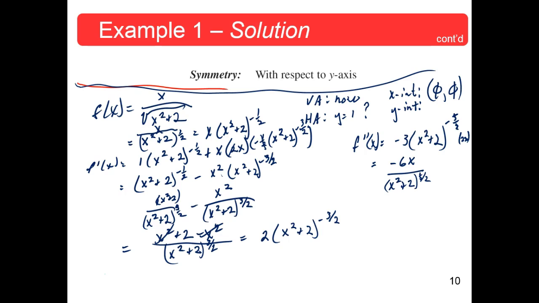Sketch the graph of f of x. Now, I ignored something I shouldn't have. Back when we were doing the y-intercept and the horizontal asymptotes, I said you can look at the ratio of these, and we said y equals 1.